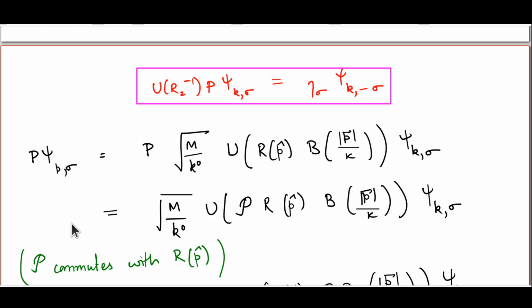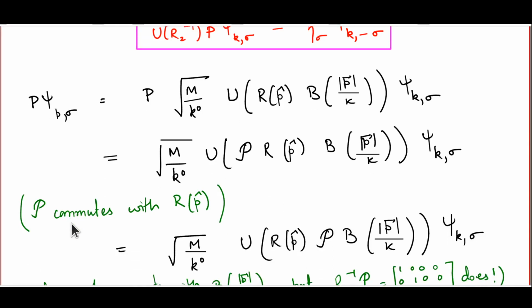And now we come to the very important point that parity commutes with this particular rotation that we are going to talk about, which brings the unit vector along the z-axis to the final direction. Now since parity commutes with R_p hat, we can flip it across R_p hat and get to this stage, where the unitary operator corresponds to R_p hat curly P, then the boost.